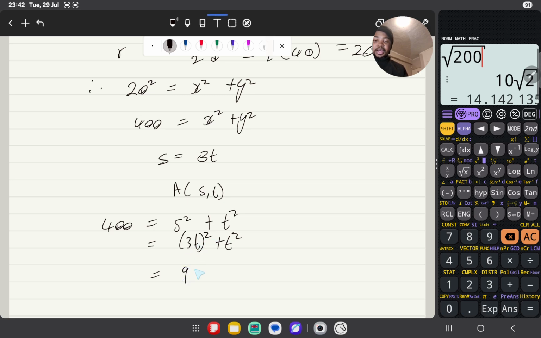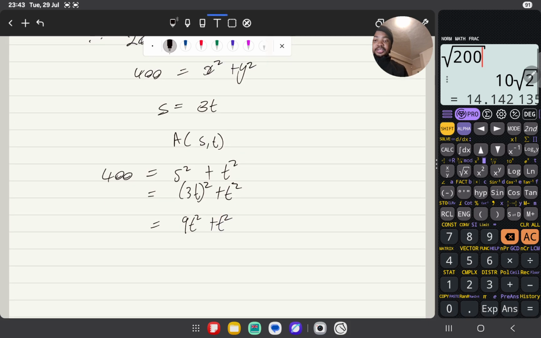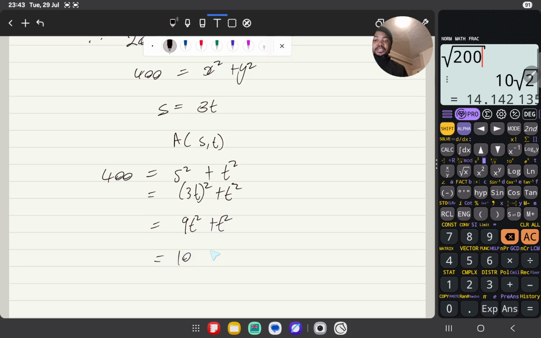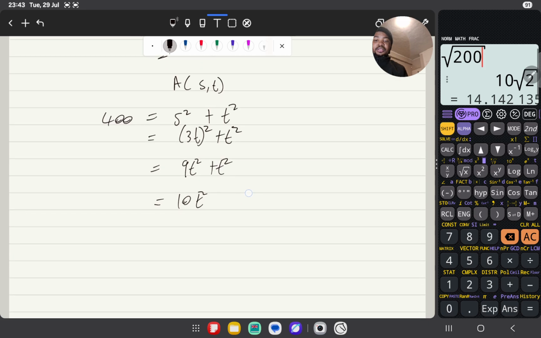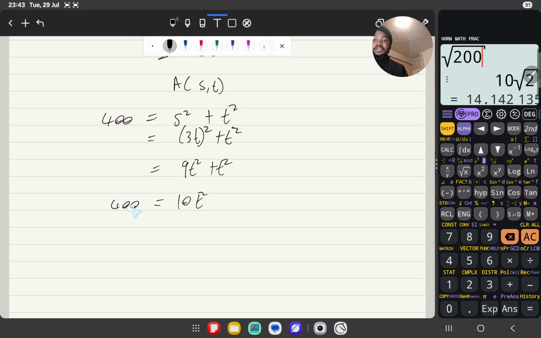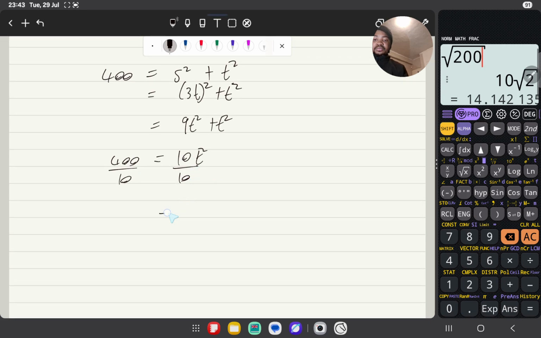You're going to have 9T squared plus T squared, and you have 10T squared, right? You still have 400, you divide by 10, and you're going to get 40.